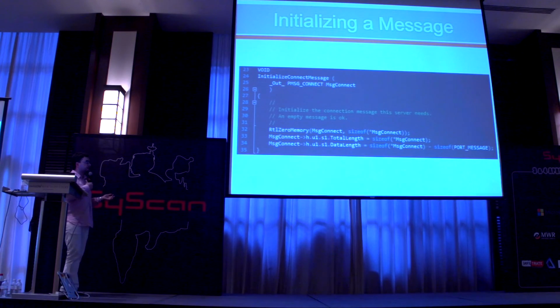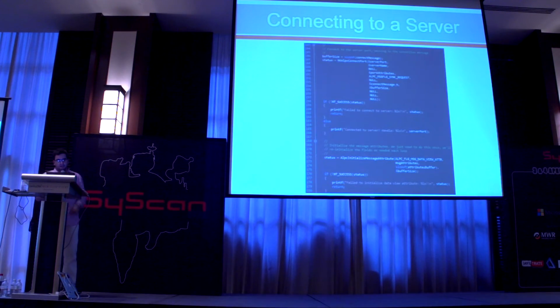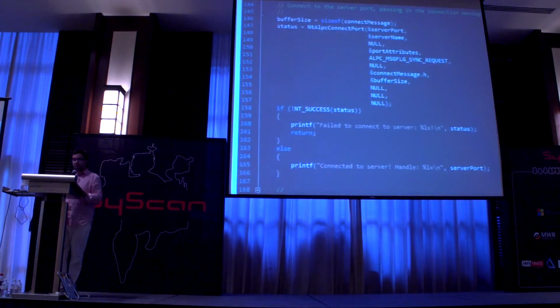So all I'm saying here is I have a message connect structure. Its length is size of message connect. And the data of the payload is whatever message connect is minus the size of the header. So you do this every single time you send any sort of ALPC message. Simple enough.